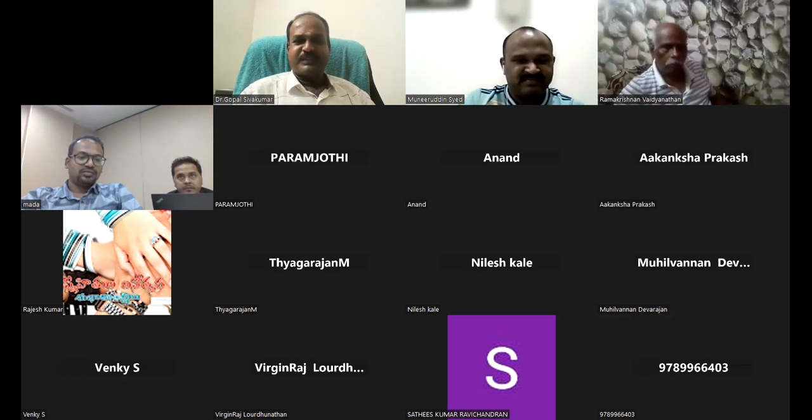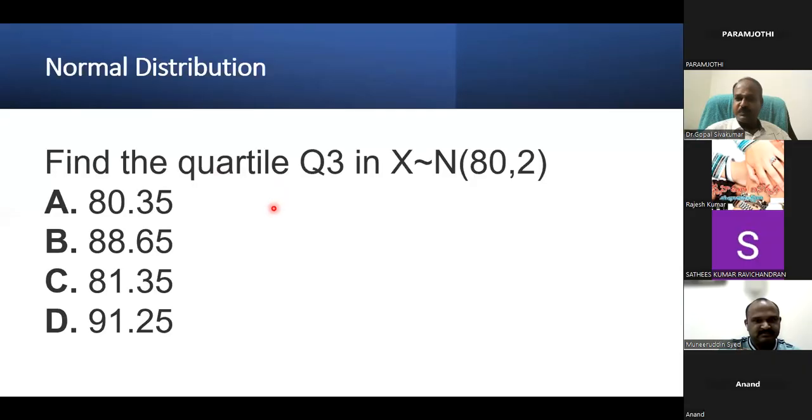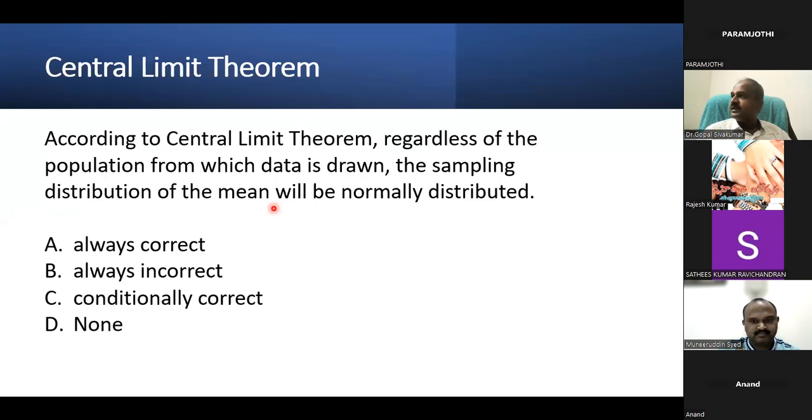Thank you. So again, I'm going to the slide. This is a theoretical question. Can one of you read it out? According to the central limit theorem, regardless of the population from which data is drawn, the sampling distribution of the mean will be normally distributed.